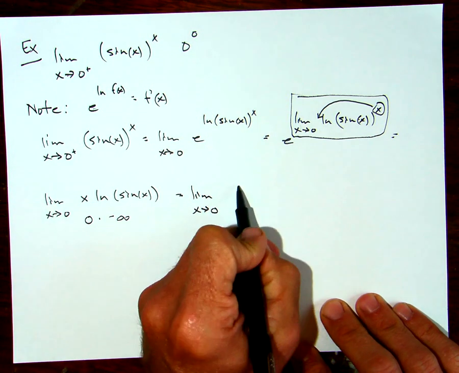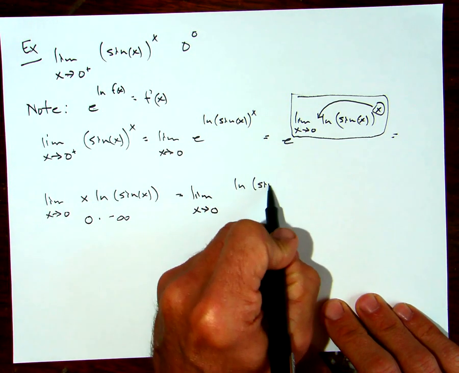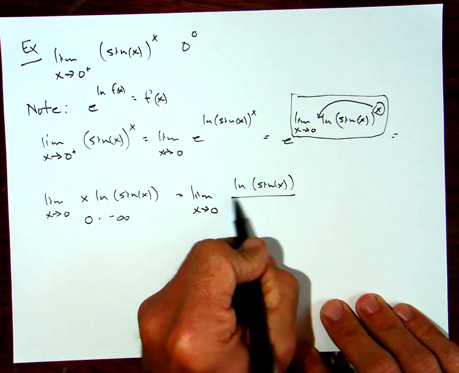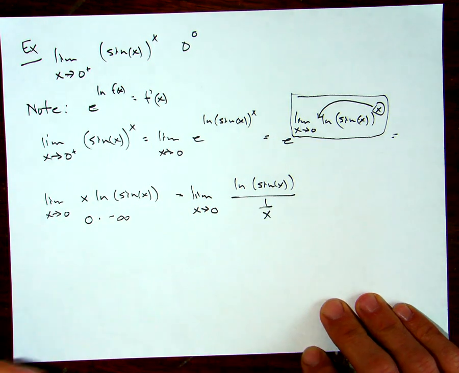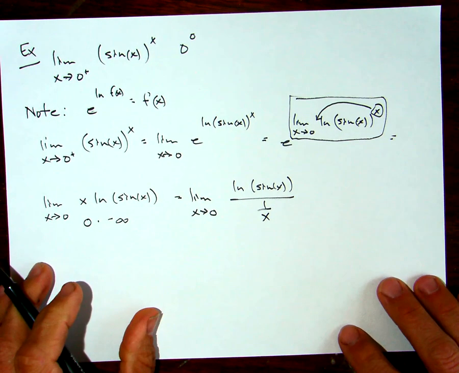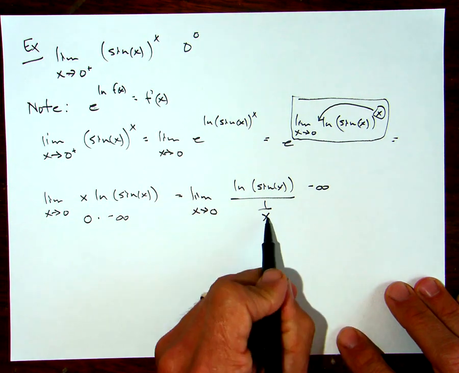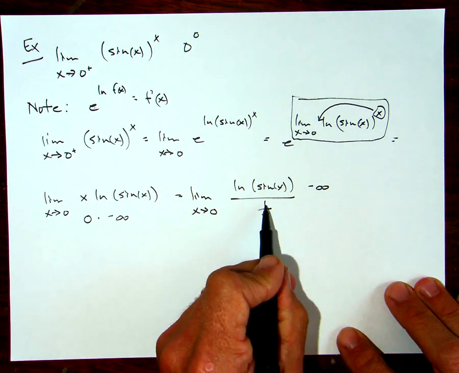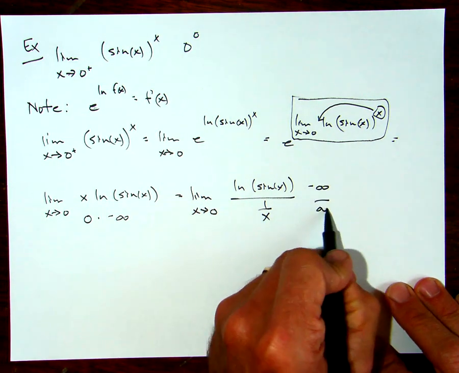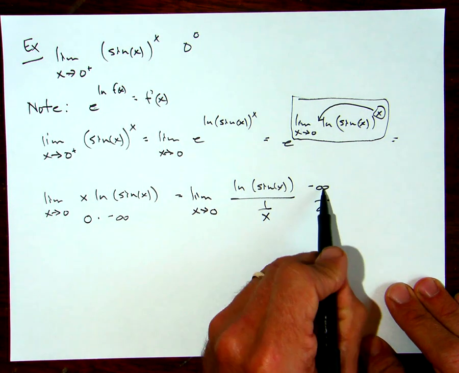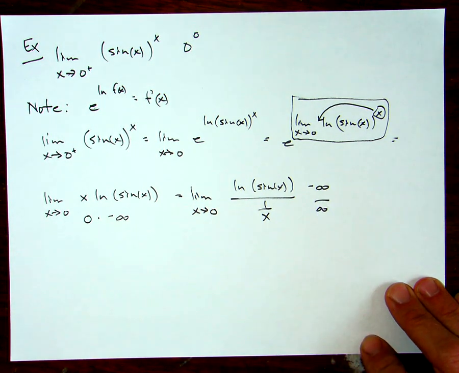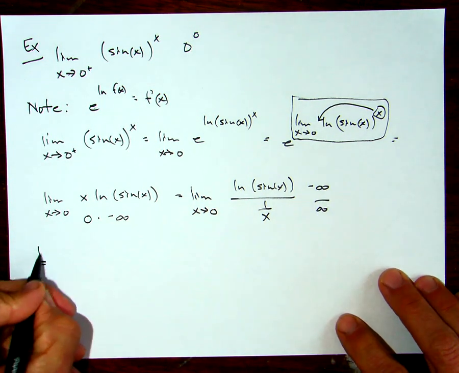So I'm going to rewrite this as the natural log of sine of x over 1 over x. Now the numerator goes to negative infinity. As x goes to 0, 1 over x goes to infinity, and again, we don't worry about the signs so much. I have an infinity over infinity scenario, so now I can apply L'Hopital's rule.